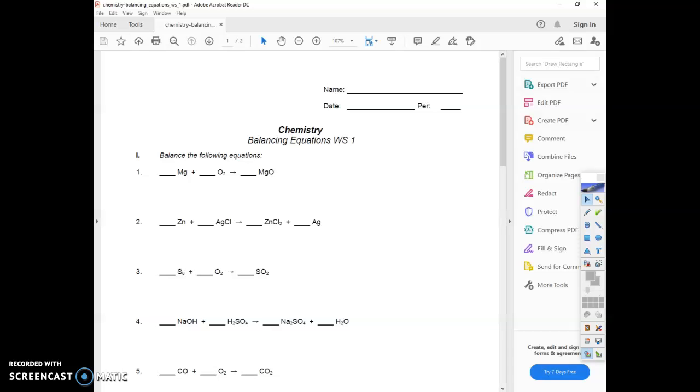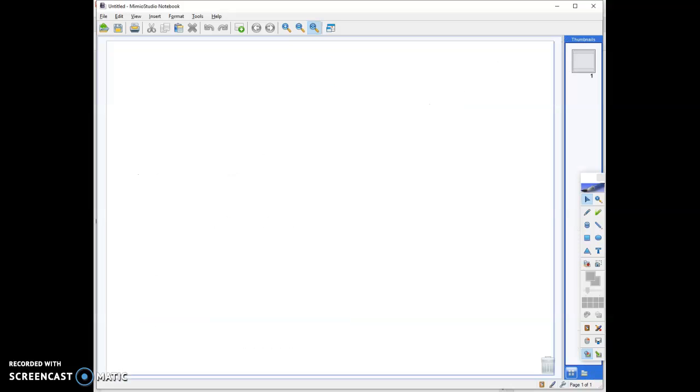And the key thing to remember with balancing equations is that we are concerned with coefficients. We're not going to change the subscripts on the atoms that are in our molecules or compounds. We are only going to add coefficients.